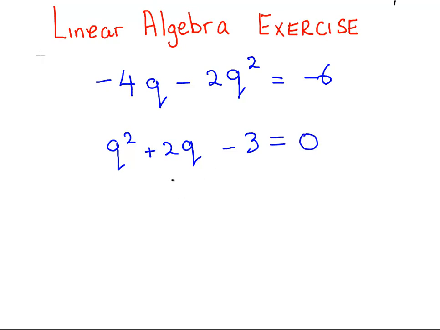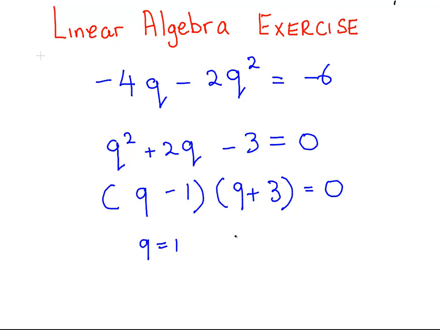So what we're going to do here is factorize this: q minus 1 and q plus 3, equal to 0. So that's two answers: q is equal to 1, or q is equal to minus 3.